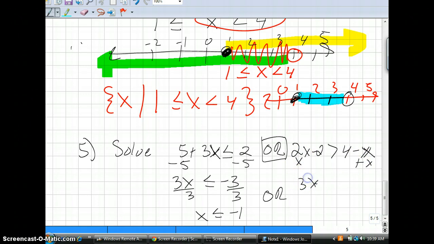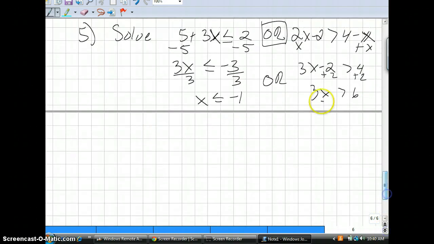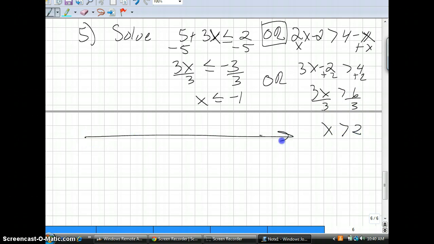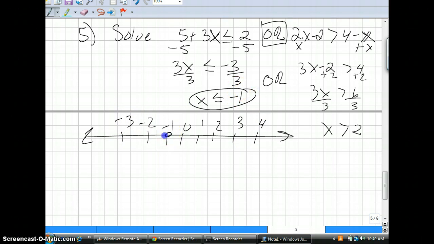So I get 3x minus 2 is greater than 4. Add 2. 3x is greater than 6. Divide by 3. I get x is greater than 2. Okay, so this says x less than or equal to -1, gives me that.